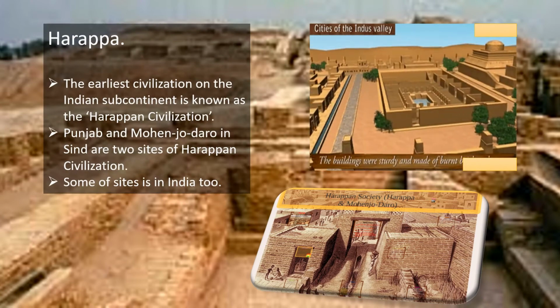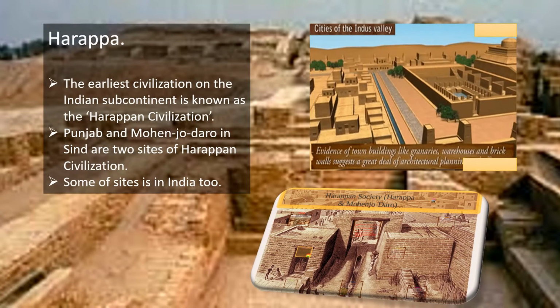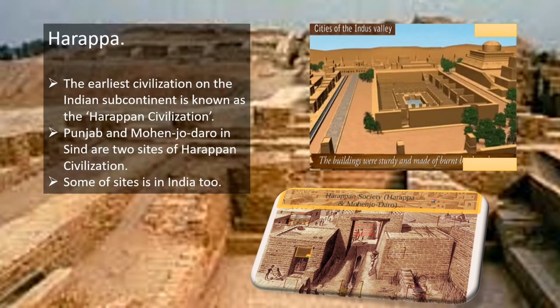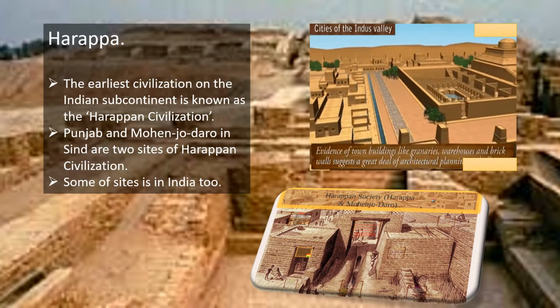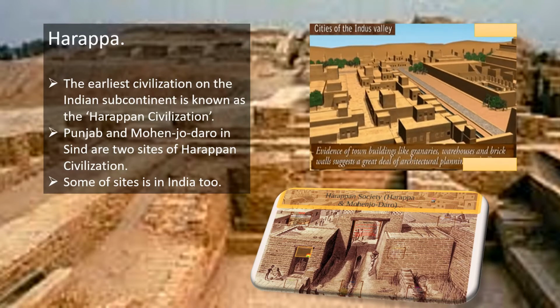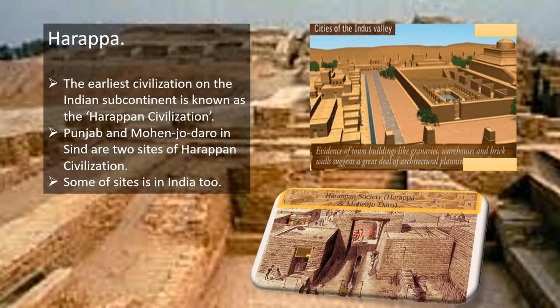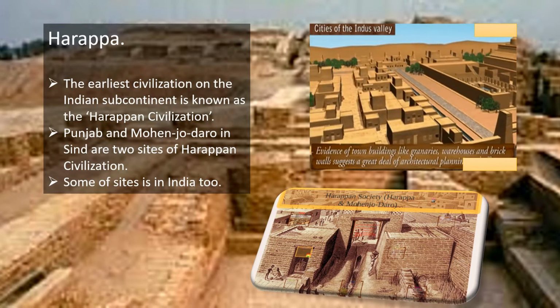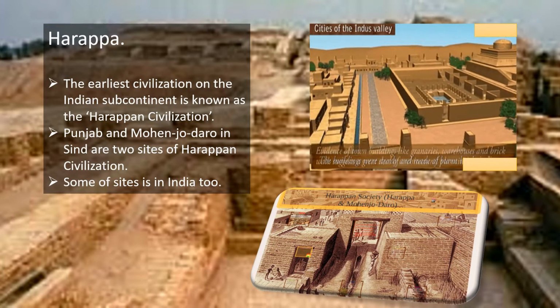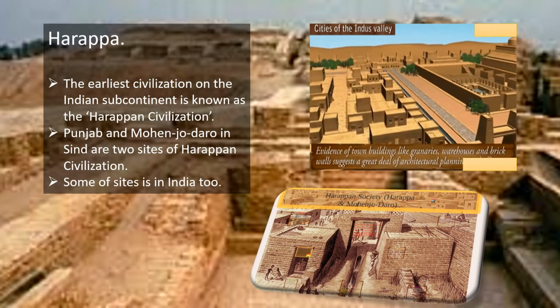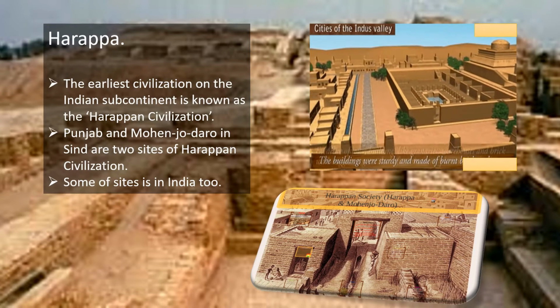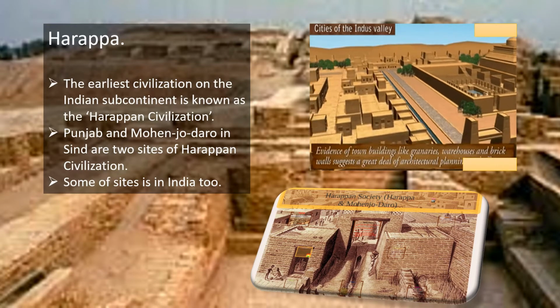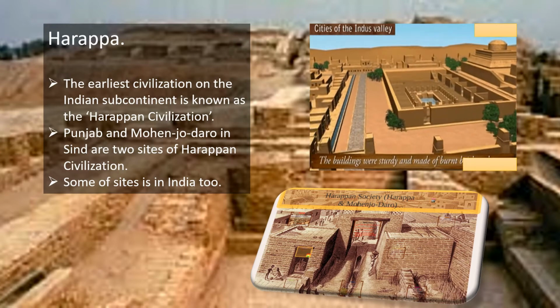Let's learn about Harappa. The earliest civilization on the Indian subcontinent is known as the Harappan civilization. It flourished in the Indus Valley. Indus is the English word for the name Sindhu.